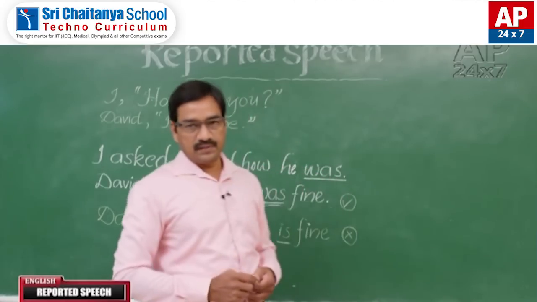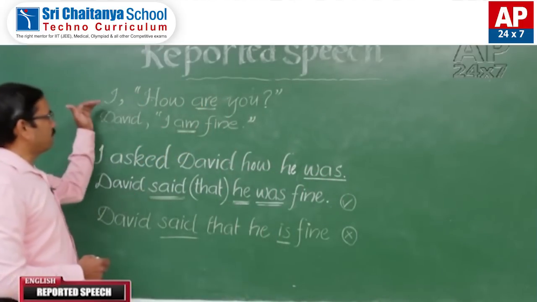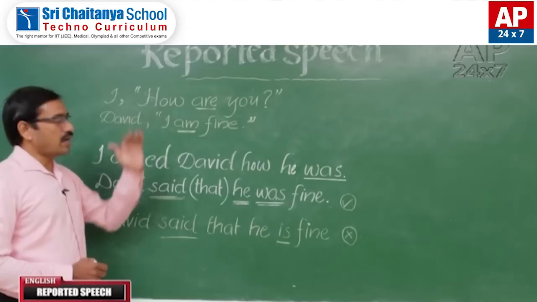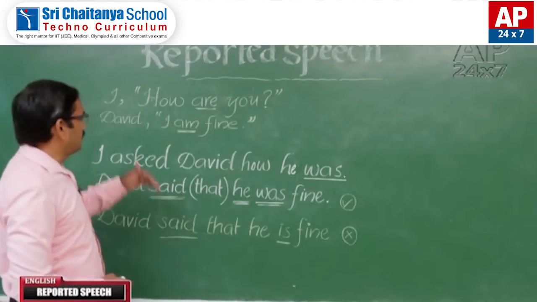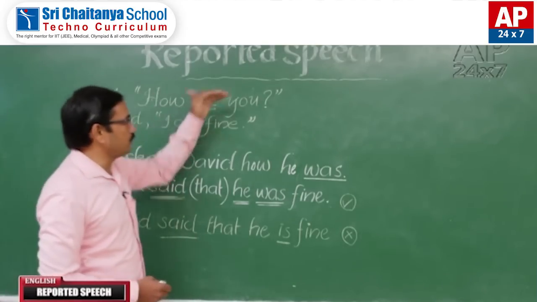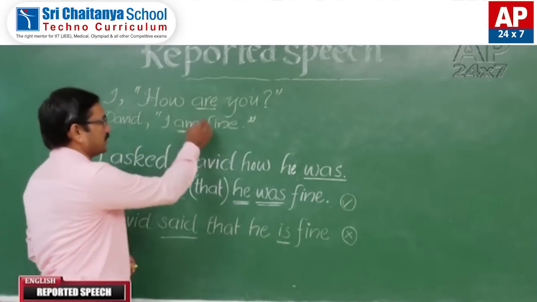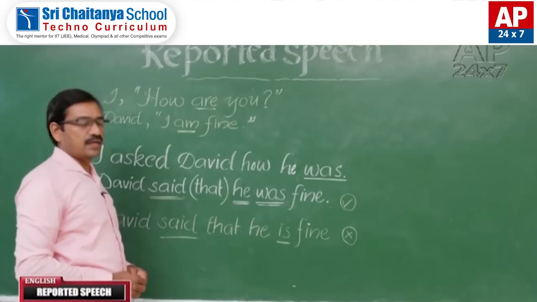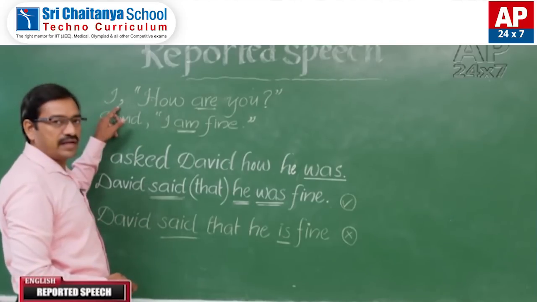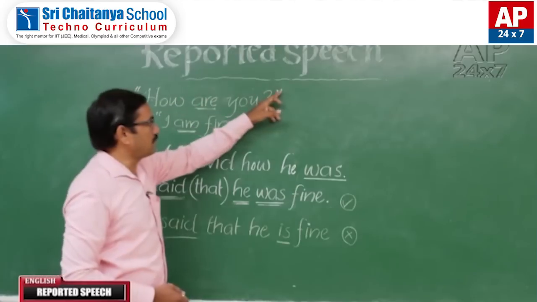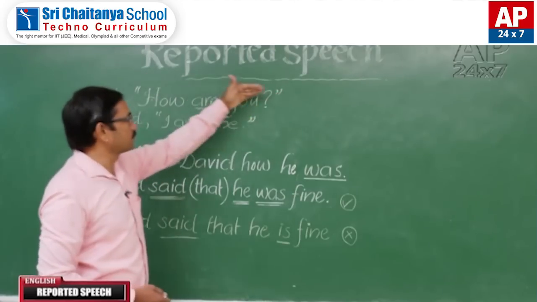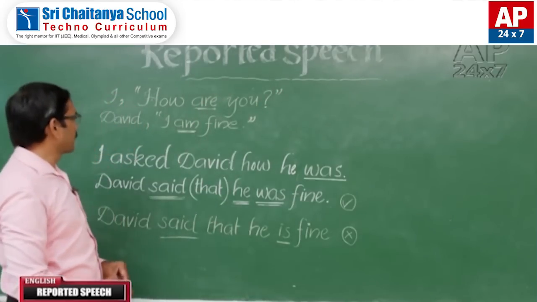Let us see one more example. I asked my friend, "How are you?" Here we can see that the sentence "How are you?" is in the present tense form. We have a comma here after I asked my friend. These words are written within quotation marks, and there is a question mark there.